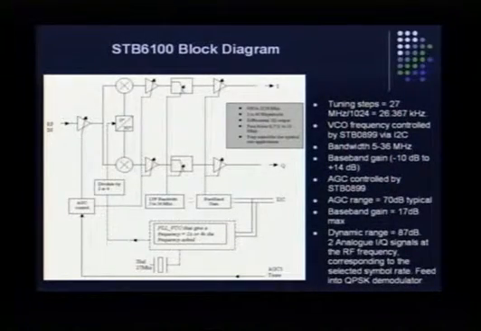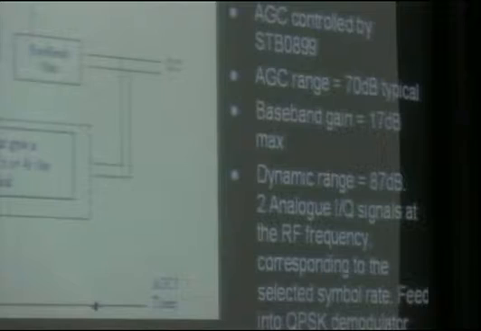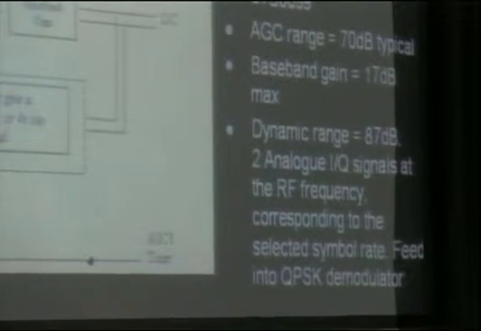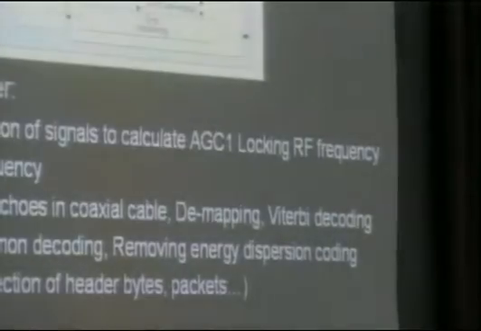Bon, AGC range, 70 dB typical, and baseband gain can be set to 17 dB maximum. How?